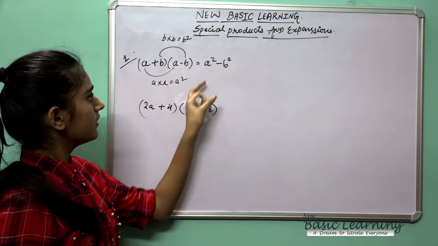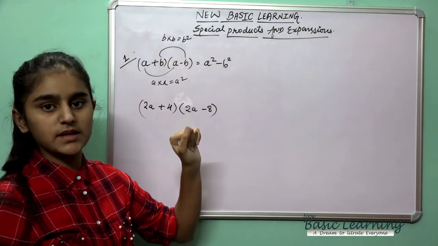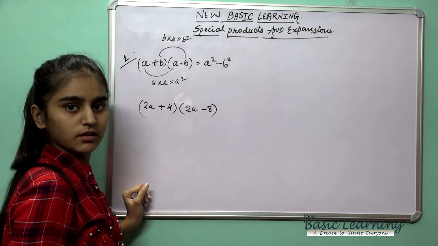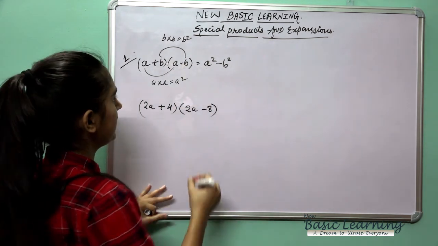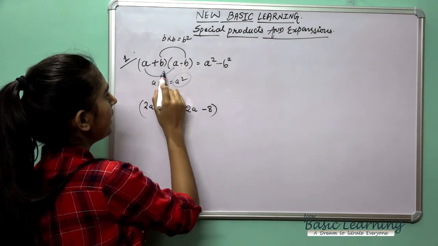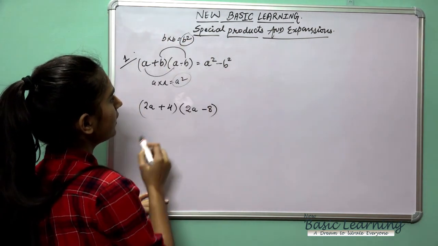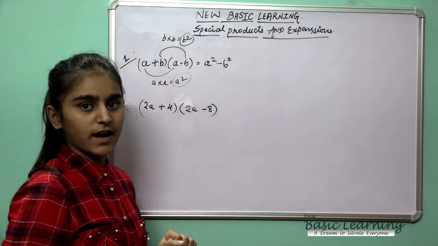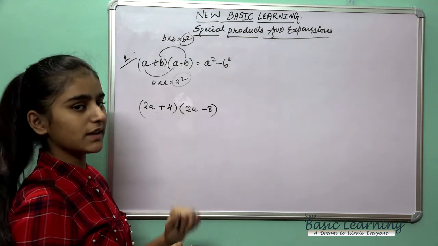Okay, so a square minus b square, because plus times minus gives minus. Once again, a into a gives you a square, b into b gives you b square, and plus minus gives you minus. I hope the formula is clear to you.